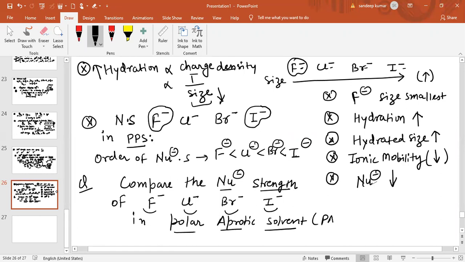What is polar aprotic solvent? This is PAS.